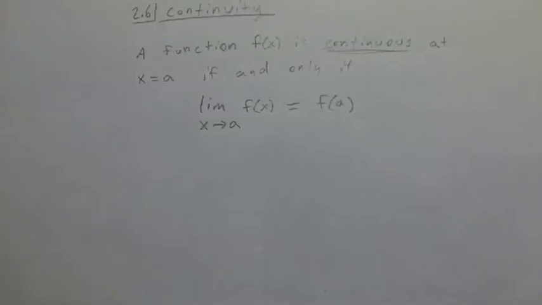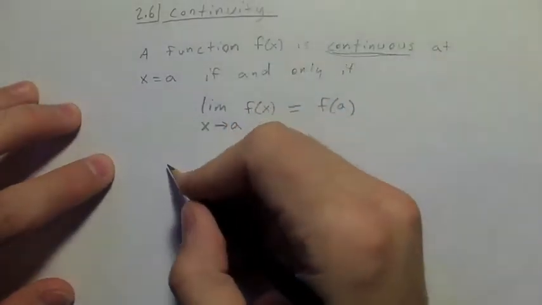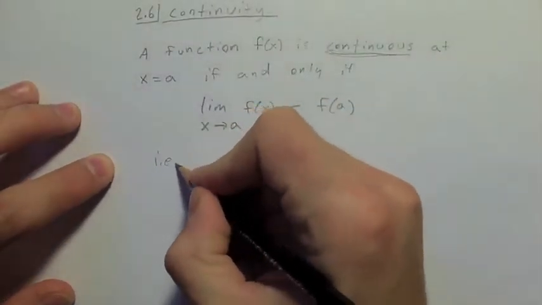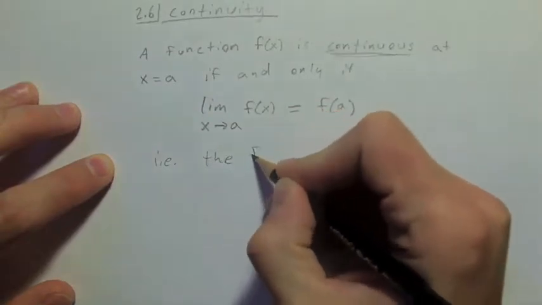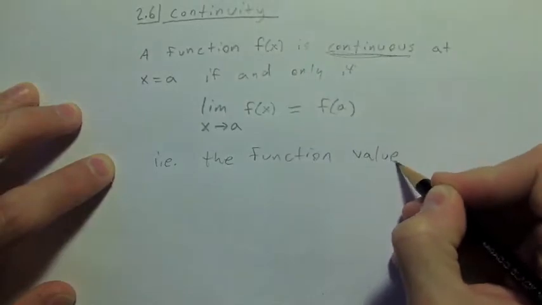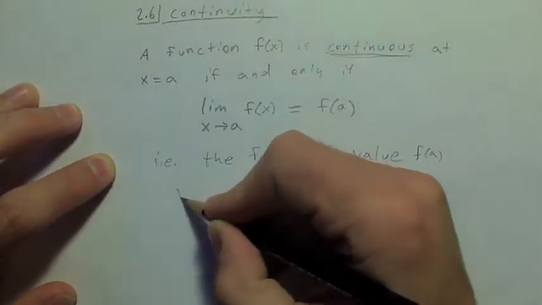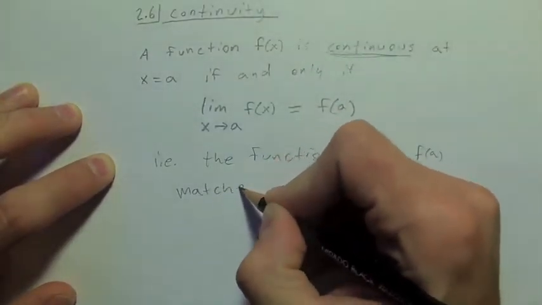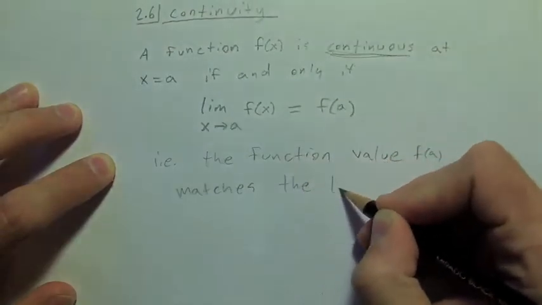So a function is continuous if the function value, which is what I like to say for f of a, matches the limit.